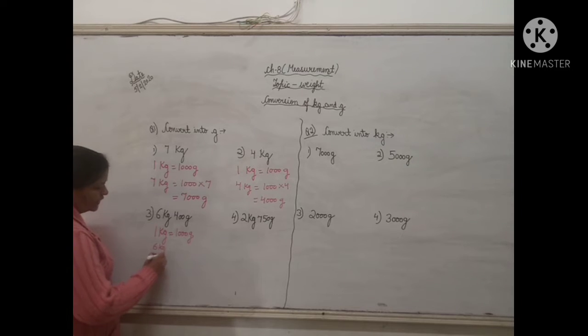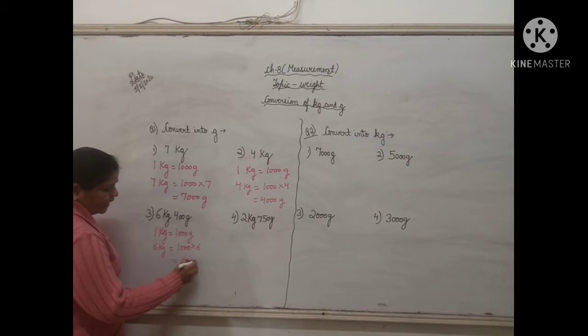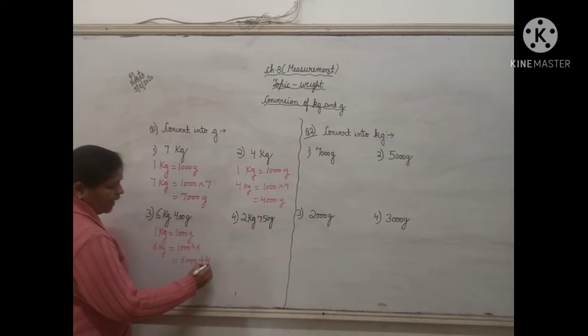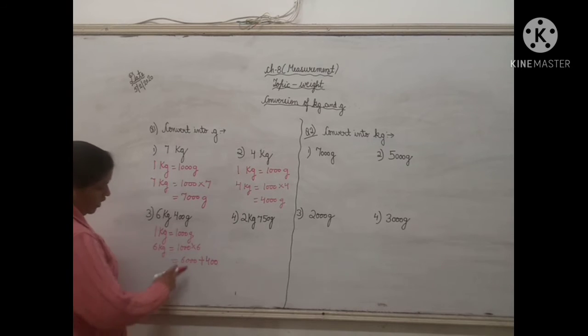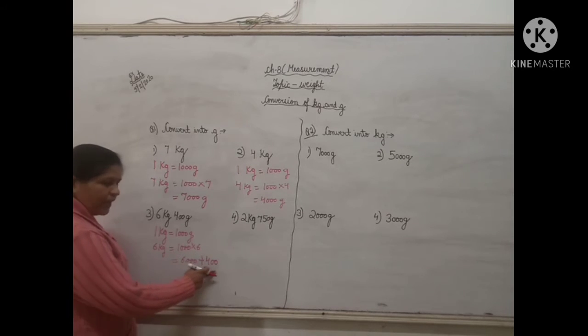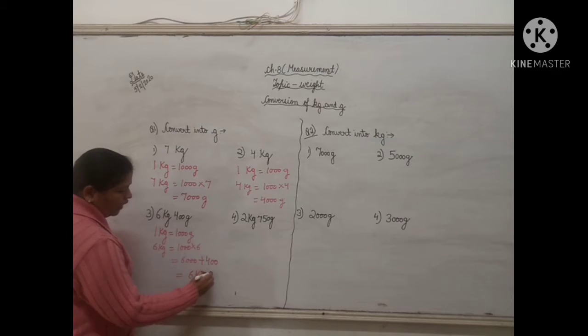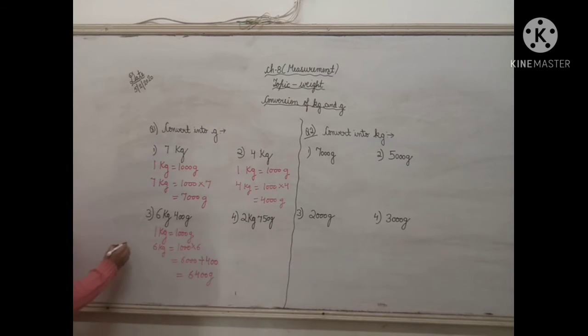So write down 6 kg equals 1000 into 6, that will be 6000. Now children, we are given 400 gram more. So put the sign of plus and write down 400 more. Now children, 6000 plus 400. The answer will be 6400 gram.